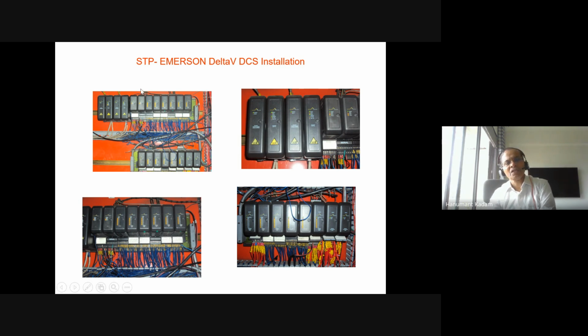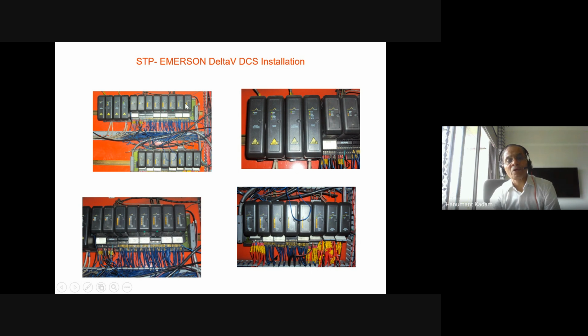And you see here, this is an 8 wide carrier where 8 slots are there for whatever is required, AI, DO, DI, whichever is required in that plant. And this carrier is extended through this connector to another 8 wide carrier. So this is another 8 wide carrier.